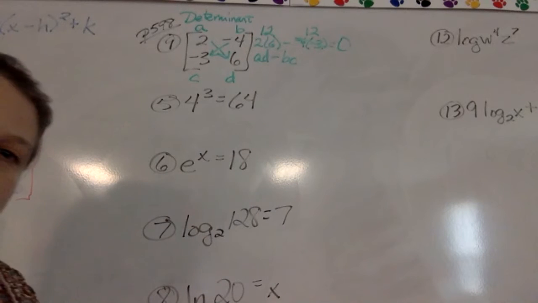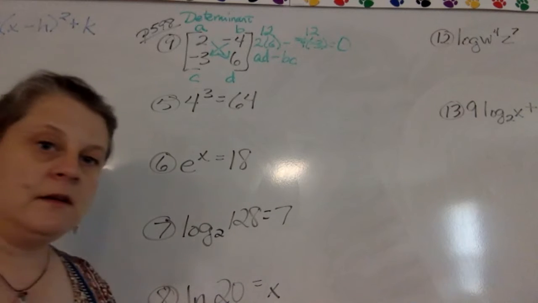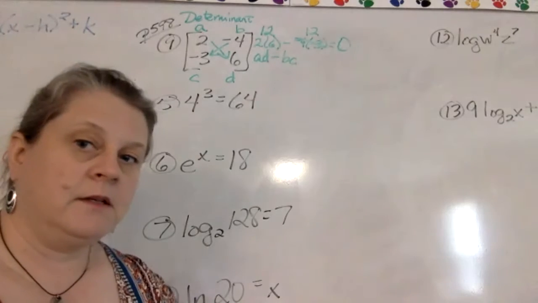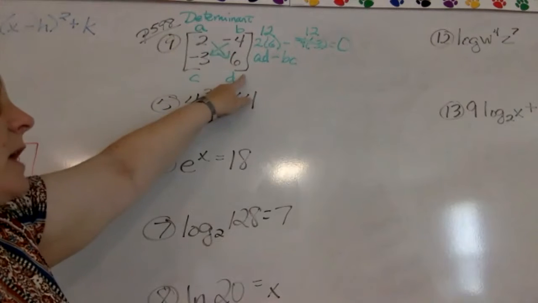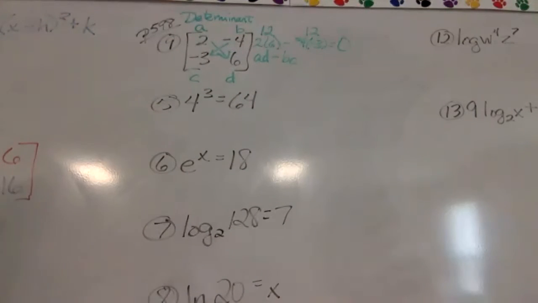But that's how you find the determinant. You multiply diagonally and subtract the two products. Okay? There is one like that on the exam. So you do A, you multiply top left times bottom right, minus top right times bottom left. Okay?